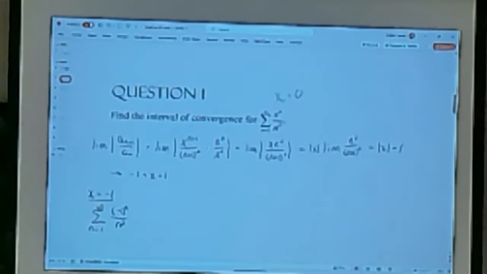This one converges. I don't know what it converges to, and I don't care what it converges to. I just care that it converges. The actual term itself does converge to 0, but what the series converges to, I don't know. That converges by the alternating series test: 1 over n squared is positive, decreasing, goes to 0.